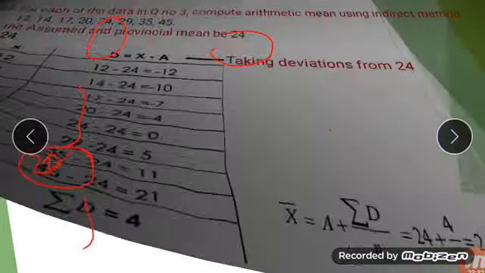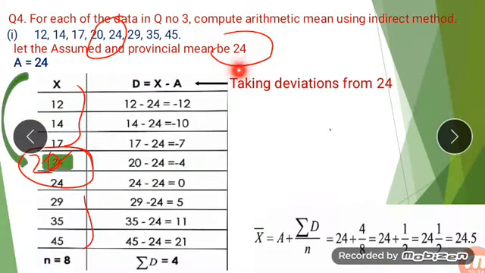So for ease and convenience, they use the shortcut method known as the indirect method, where they take a constant from the given data and subtract that constant from each observation in order to reduce the values.